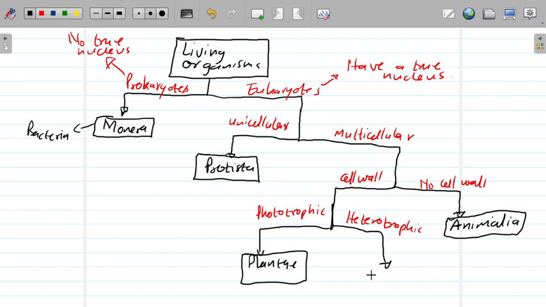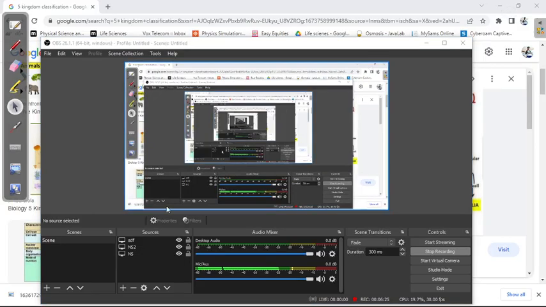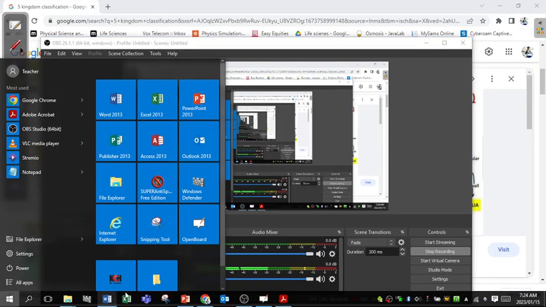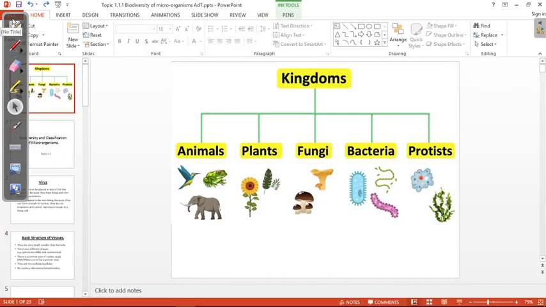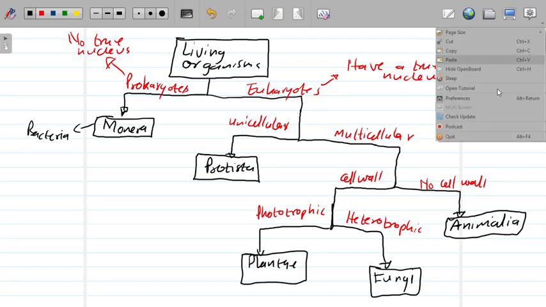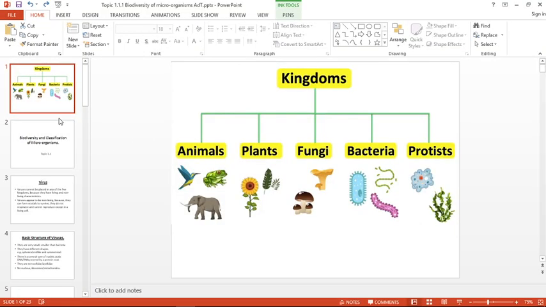And then heterotrophic organisms that have a cell wall, we call them fungi. Kingdom Fungi. And that is your five kingdom classification. So basically, this is a good summary of what we're going to do, but we're going to get into more details. So where are the details? Let's get into it very quickly.